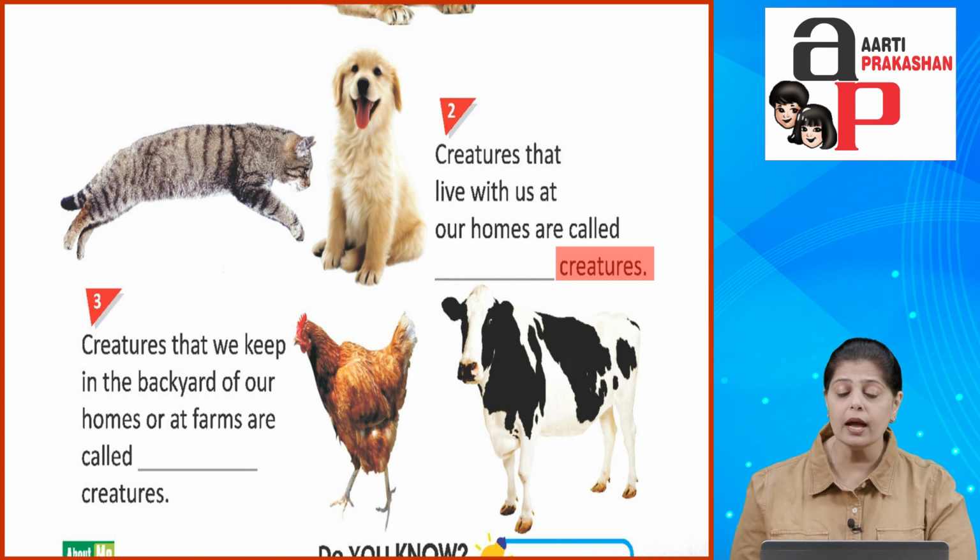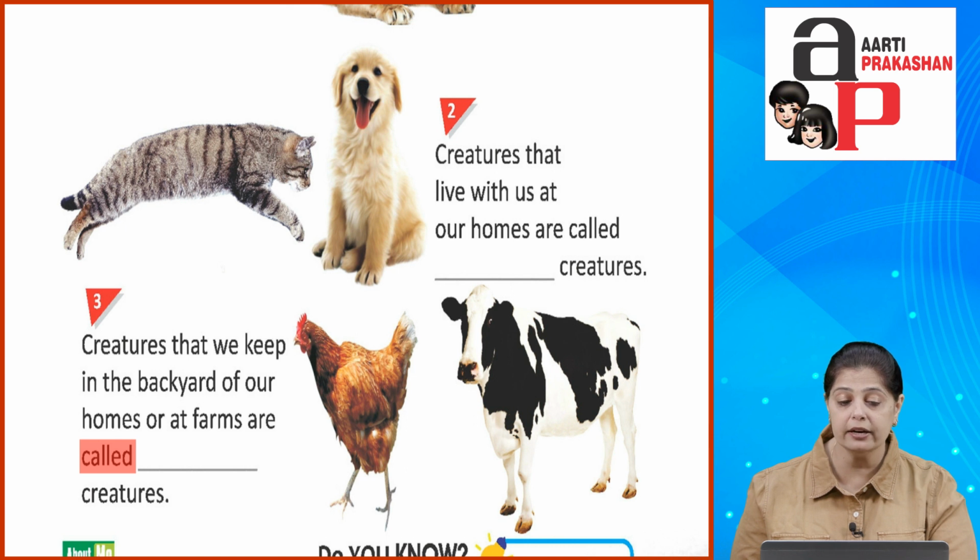Now, creatures that we keep in the backyard of our homes or at farms are called, okay, so these are the creatures that we keep in our backyard. If you have gone to the village, you must have seen at your grandparents' house, there are some animals which they keep in their backyard or on the farm. Who are these?